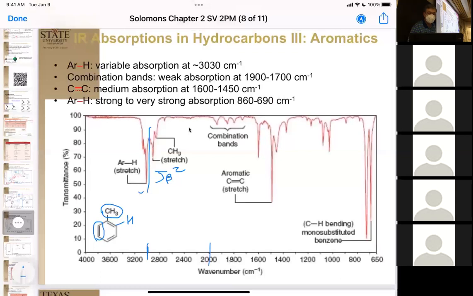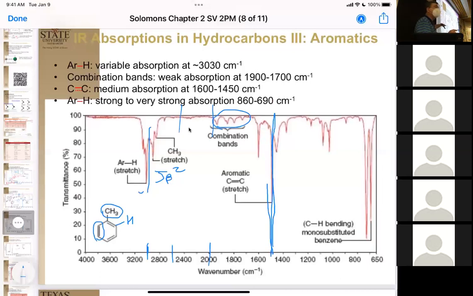So if we go to 2000 to 1500, that's blank. Good, we were expecting it to be blank. But now we have these weird things here. If we draw our 1500 line, it barely includes it. Okay, so we have, again, not one resonance structure.